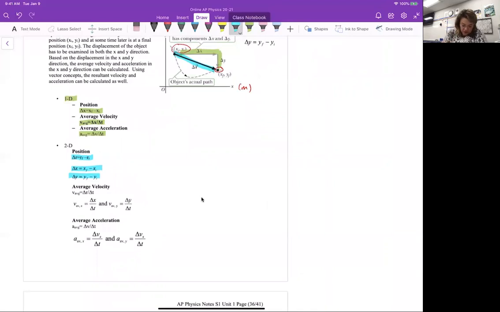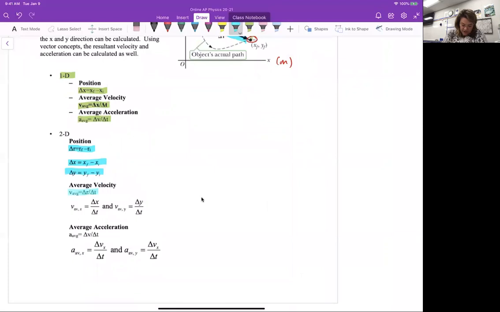Okay, so we have to redefine our average velocity. Our average velocity is now the change in position in both the x and y, which is the resultant vector, divided by time.